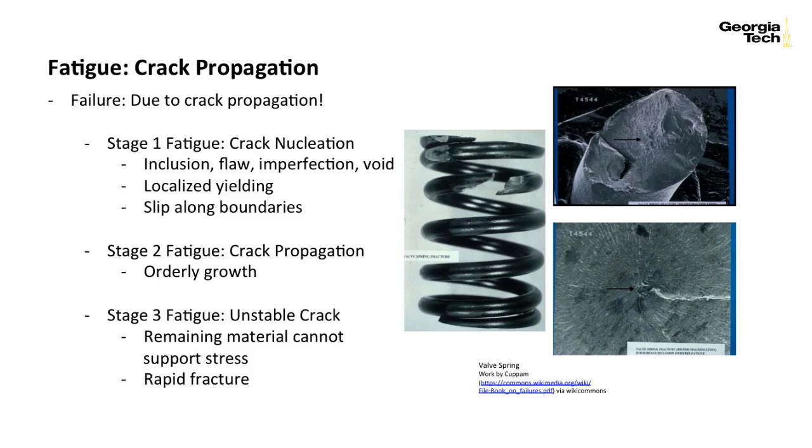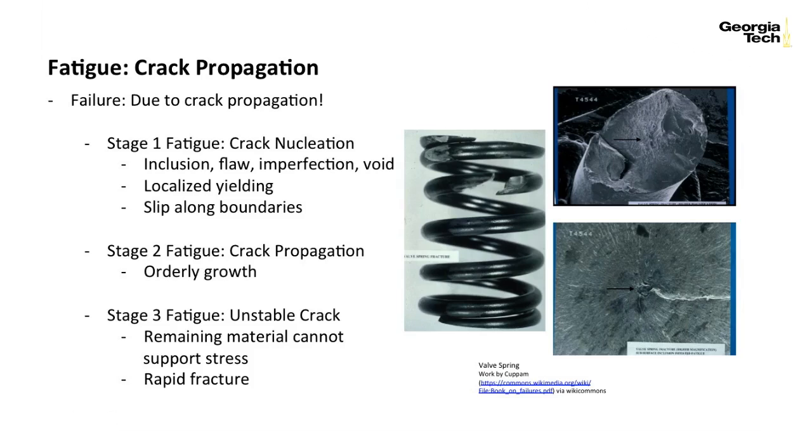It happens when the material remaining in the part cannot support the stress, and you get an incredibly rapid fracture. That's what you would see or hear if a part failed in front of you. This is a relatively quick phenomenon, and parts could spend 2% or less of their life in this stage.